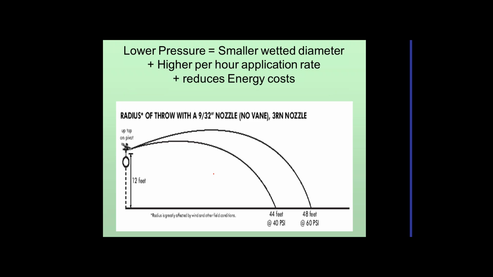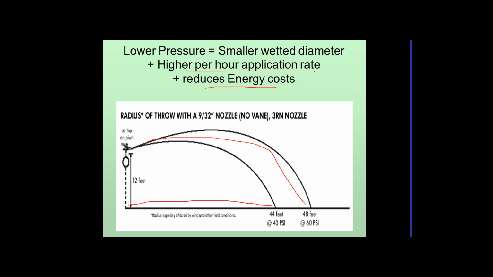So here's an example of a picture just trying to illustrate the fact that higher pressure throws the water further. So if I lower the pressure, we're getting the same amount of water out of this. So if this nozzle is putting out 100 gallons a minute, it's the same amount, but if I cover less area, I'm going to have a higher application rate on a per hour basis, but because I'm lower pressure, I've reduced my energy costs.